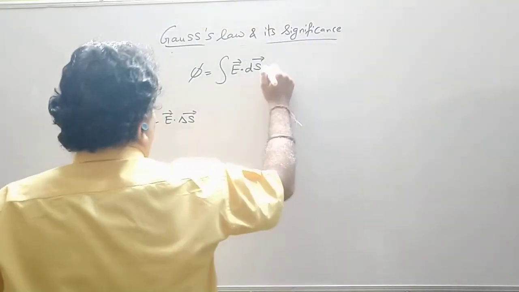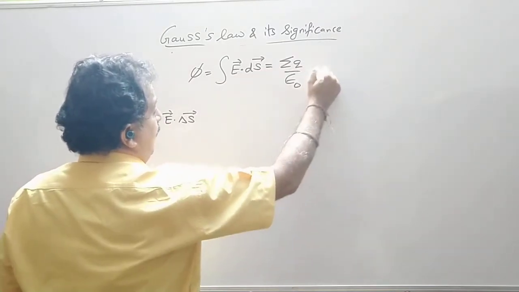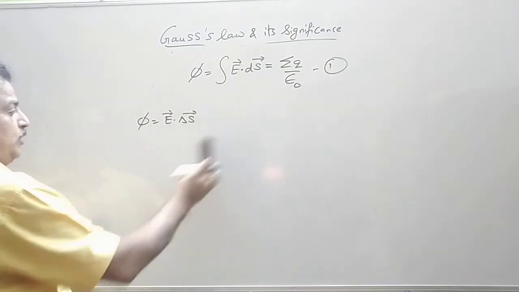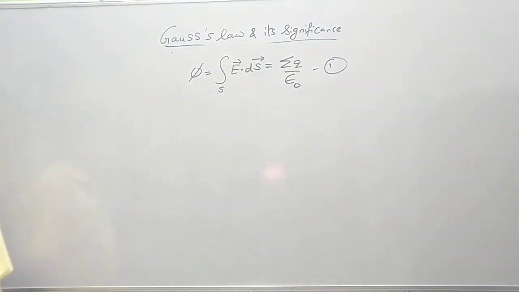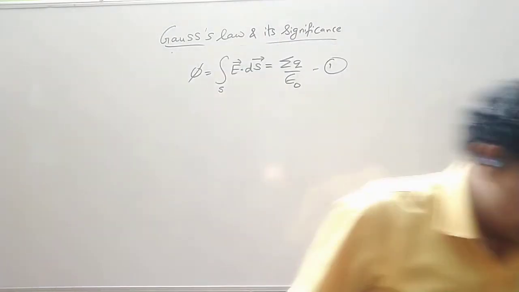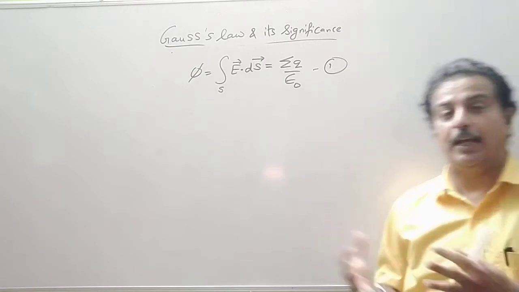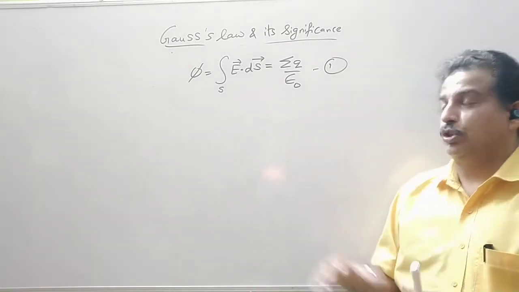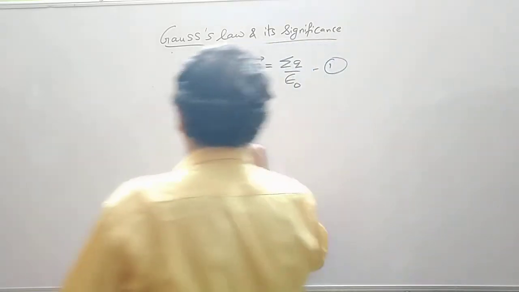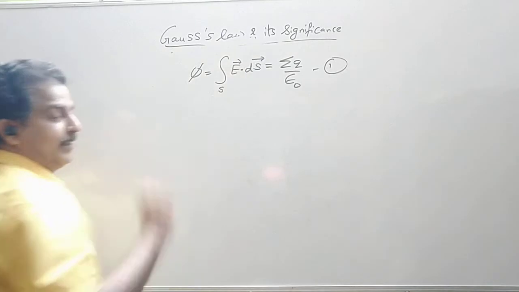Now, according to Gauss law, this is also summation q upon epsilon naught. Say let this equation be 1, and this is the surface integration. Now we will see the significance of the Gauss law, or what we have to remember while applying the Gauss law. There are 3 pairs of equation, 1, 2, and this is 3.